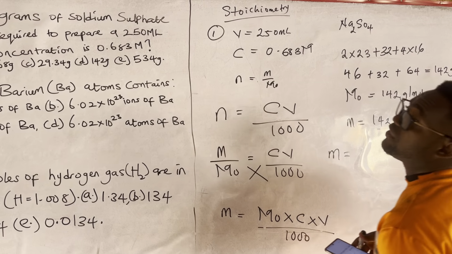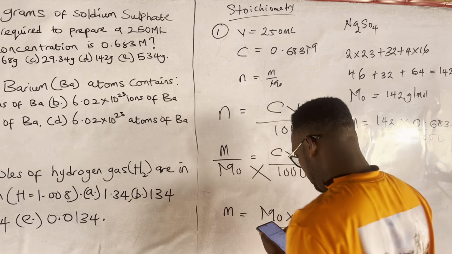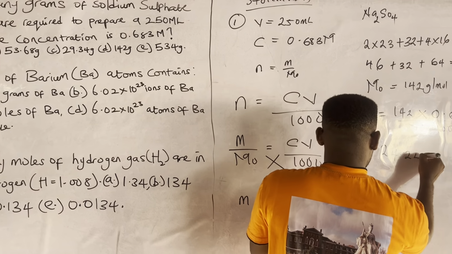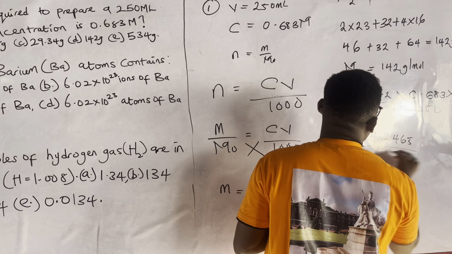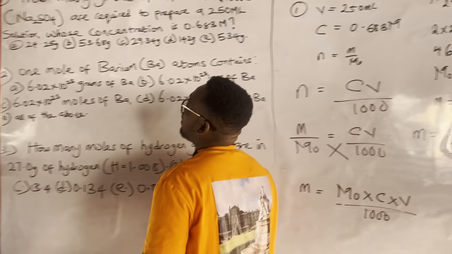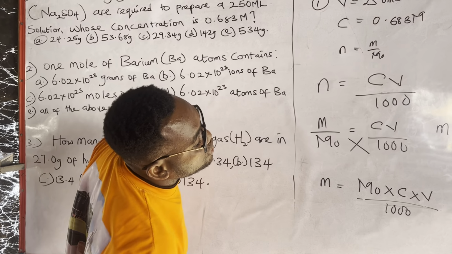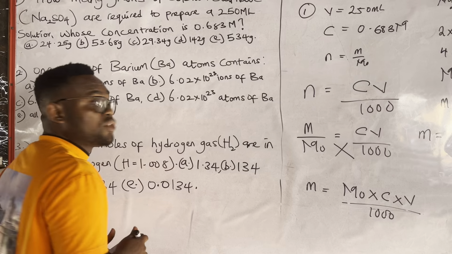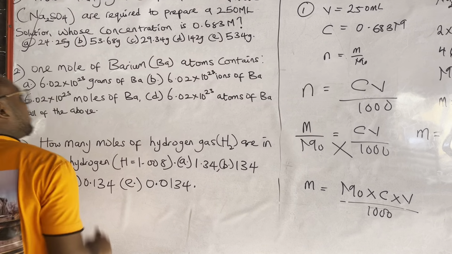Our final answer will be 24.2465. So we'll go back to our options to check. Of course, option A is our answer. So this is the answer to this question.